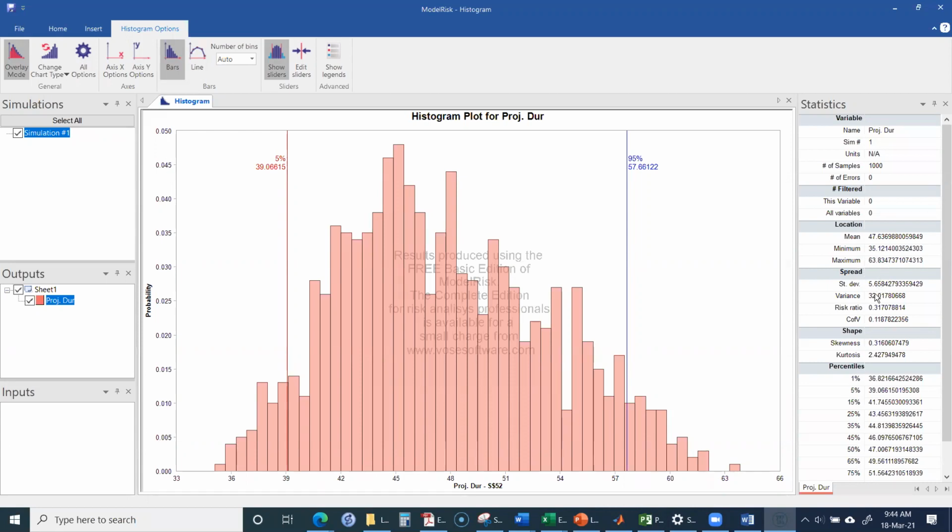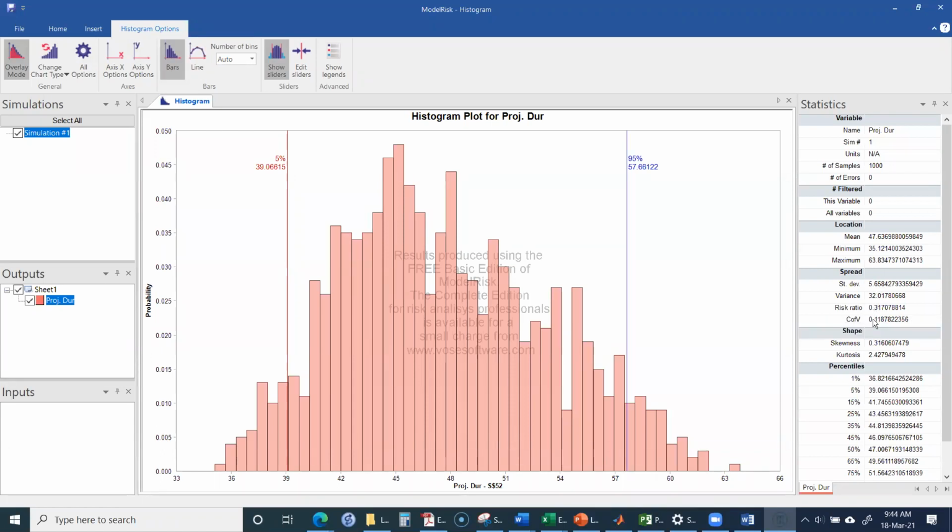The standard deviation in the duration of the project is 5.65 days. So the variability is 47 plus 5.65 days, 47 minus 5.65 days.